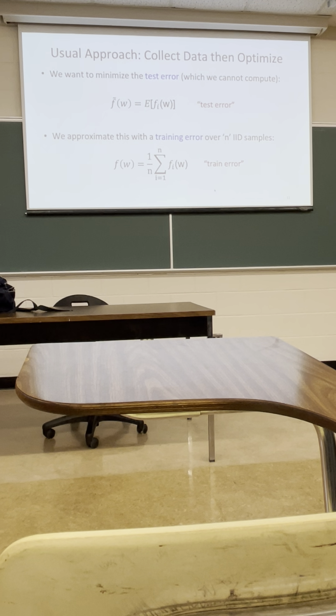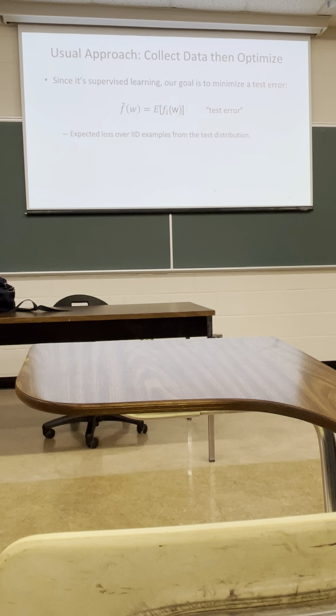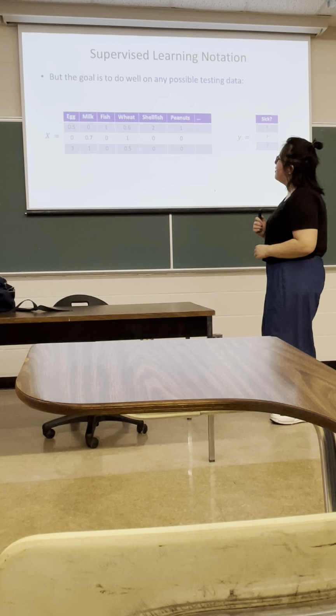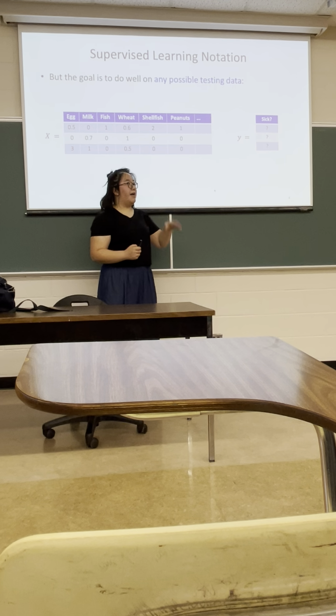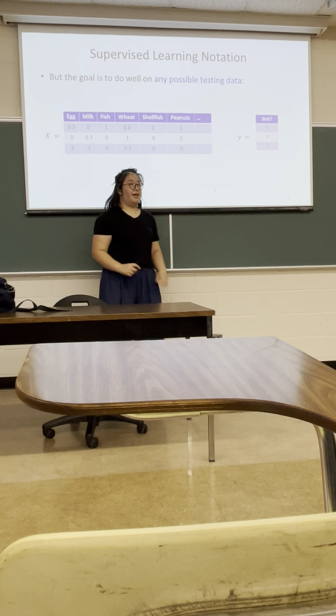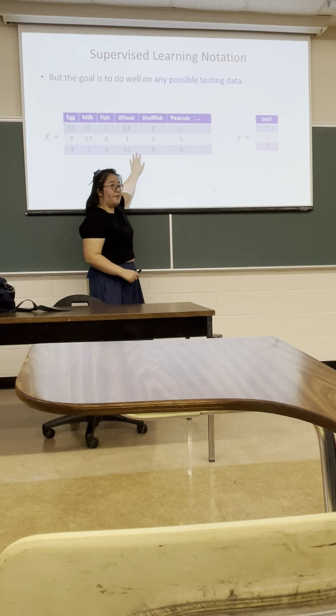so let me try to illustrate another way. In the test data set, you can assume that this one is randomly aggregated from all of the test data. This is finite, right?